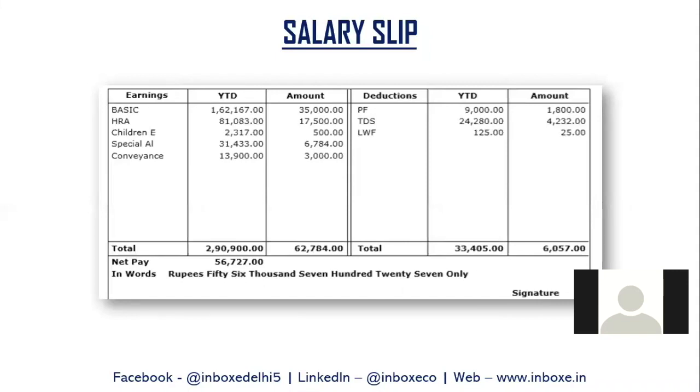What we learned is that the addition of all the components plus the employer contribution equals the CTC. So 62,784 is the CTC. Now, on the right-hand side, you can see the deductions mentioned: PF, TDS, and LWF. These deductions happen at the end of the columns, where the amount is mentioned.